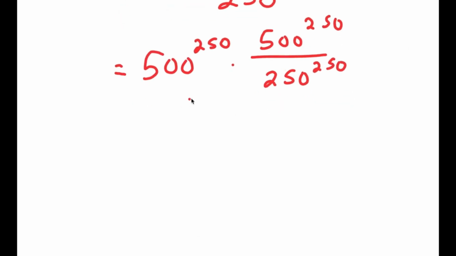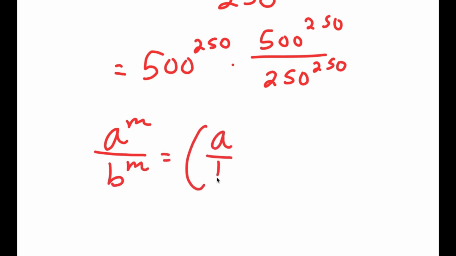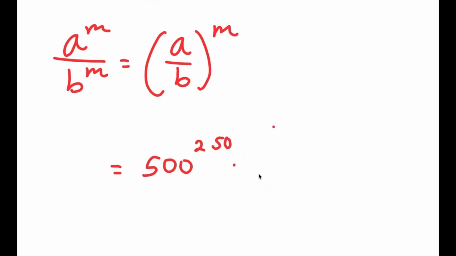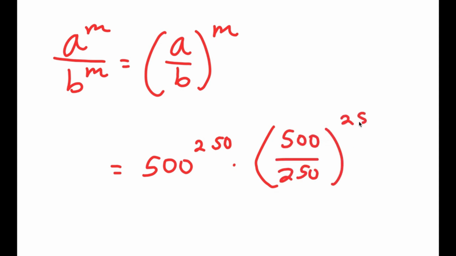Now, if I have something in the form a to the power of m over b to the power of m, this is equal to a over b to the power of m. So in this case, I can rewrite that as 500 over 250 to the power of 250.